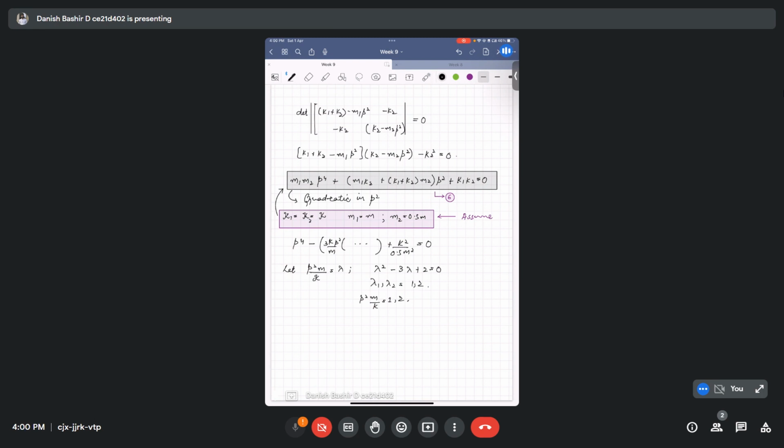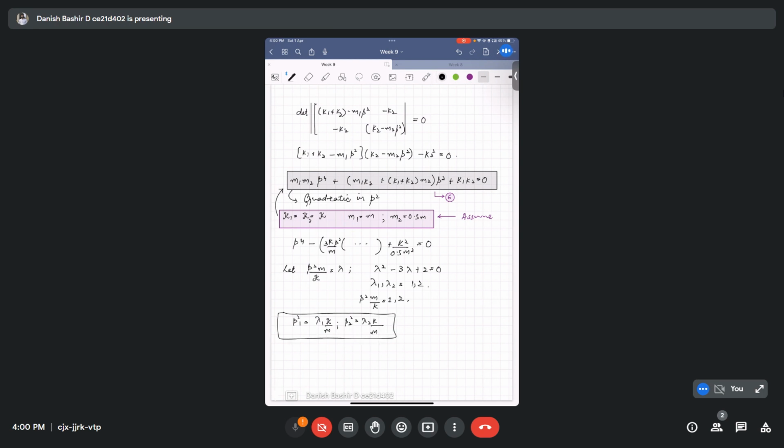These two eigenvalues give the two natural frequencies of this two degree of freedom system. So p1 square is lambda 1 k by m, and p2 square, the frequency of the second mode, is lambda 2 k by m. This is the simple thing.